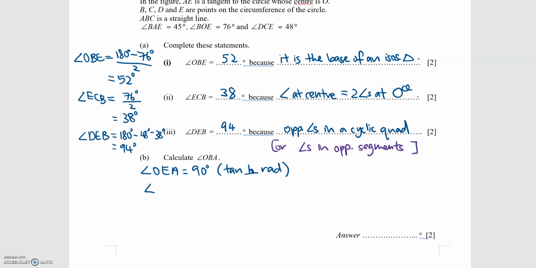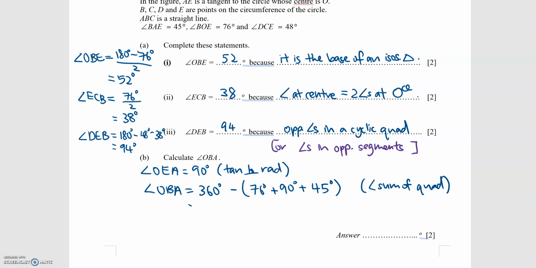And then I'll use the sum of angles in a quadrilateral, which is 360 degrees, minus of the sum of the other angles, to give me my answer, 149 degrees.